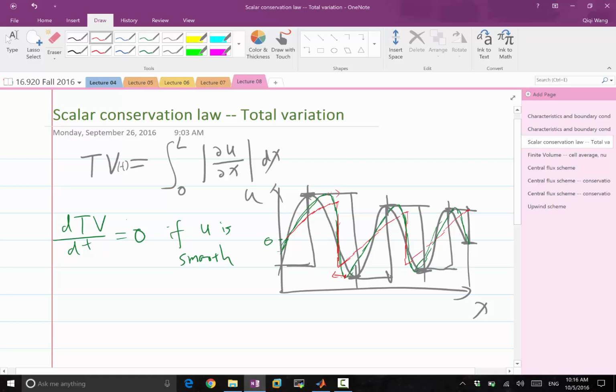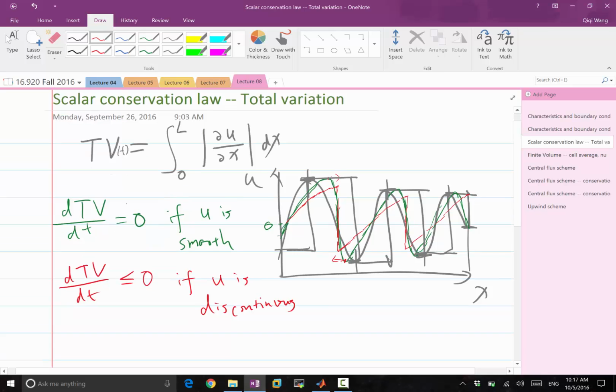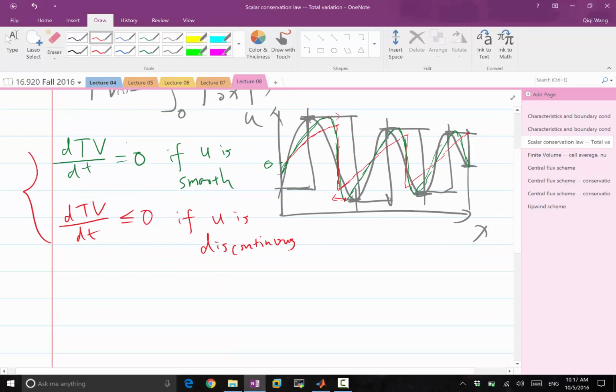So the maximum decreases, the minimum increases, the total variation is diminished. If U is discontinuous. So in both cases, no matter if U is smooth or not smooth, the total variation is going to be non-increasing over time.